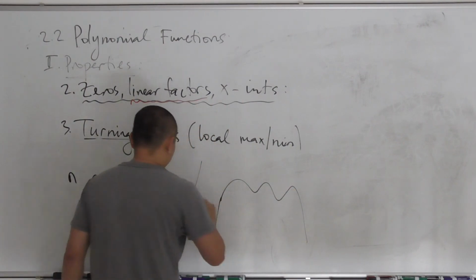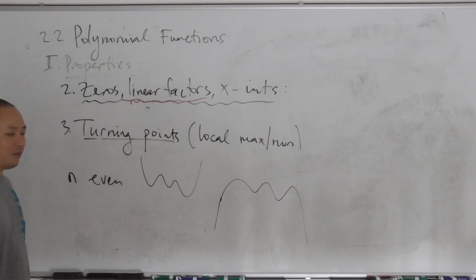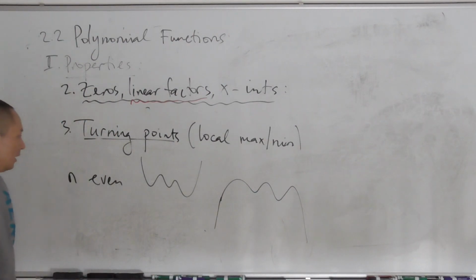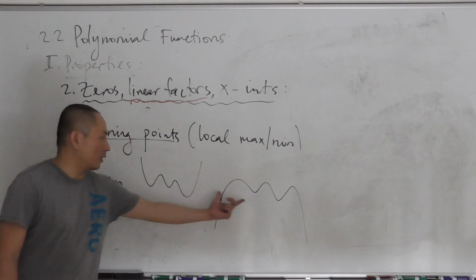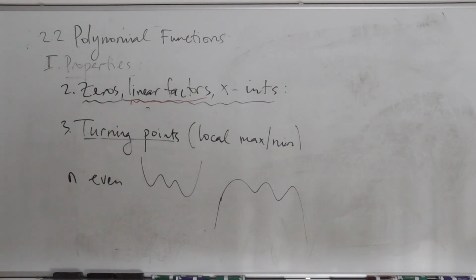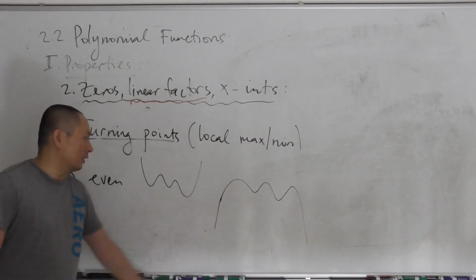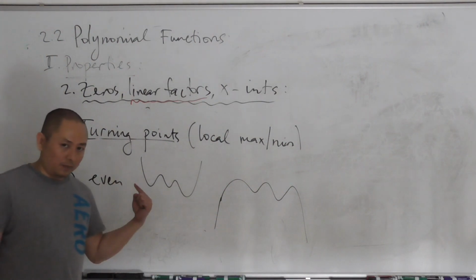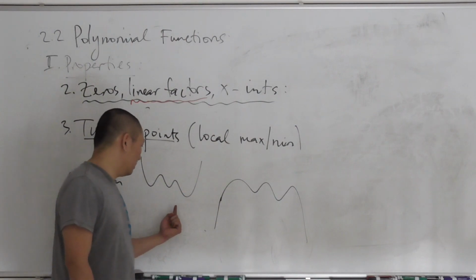All right, even. So if n is even, the graph of the polynomial is going to fall into either the first case, upward, or the second case, downward, right here. And I claim that if n is even, those two cases we know for sure are going to have one thing, which is the absolute minimum or maximum.